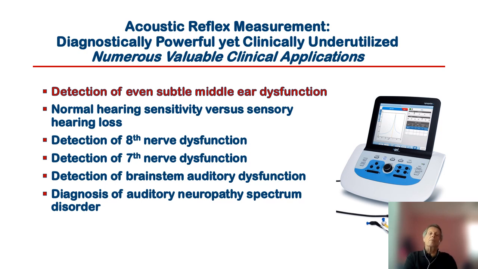Now we're going to talk about how these 4 different acoustic reflex measurements can be applied clinically. And this directly ties in with our discussion of promoting healthy hearing. The whole concept is that we need to be able to detect any type of auditory dysfunction when we evaluate patients in order to prevent any future deterioration of hearing.